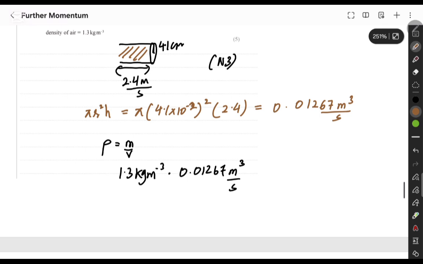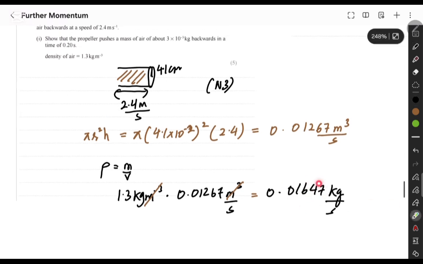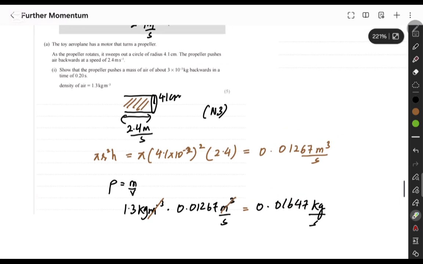Now we can multiply both of these, the meter cubed will cancel out, and we end up with 0.01647 kg every second. So this is basically the mass of air that's pushed backward every second.